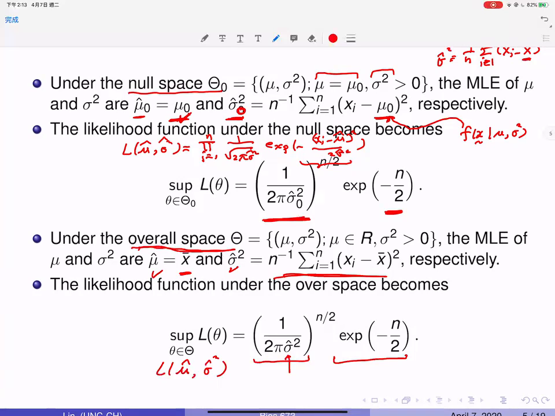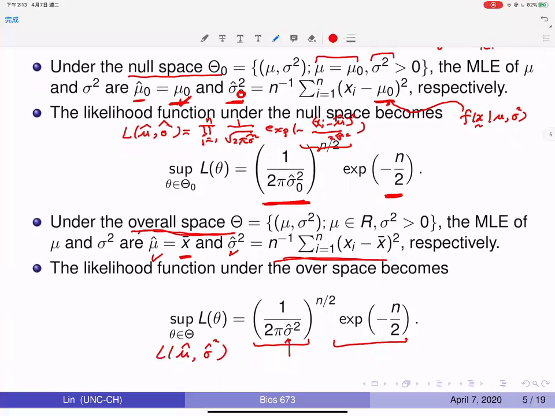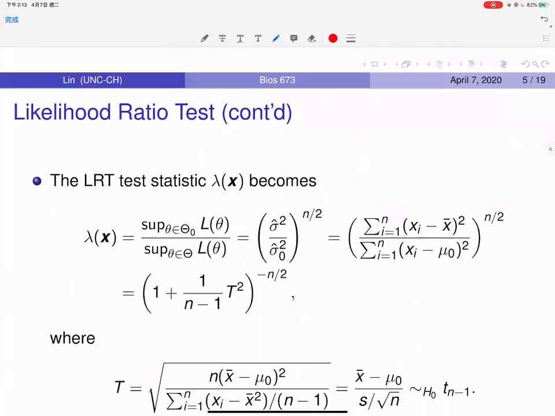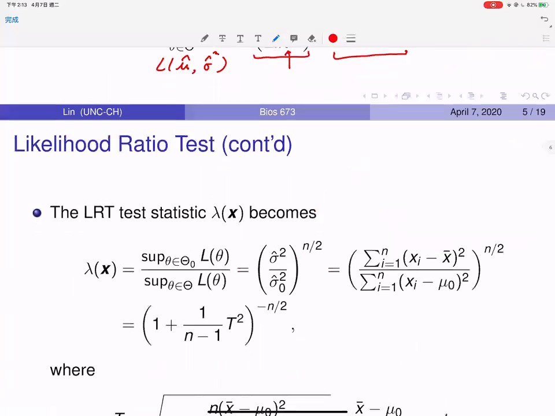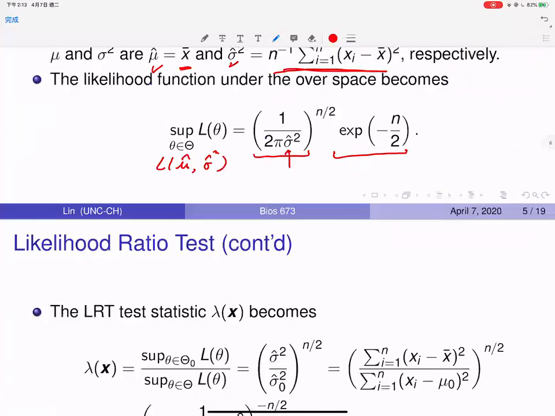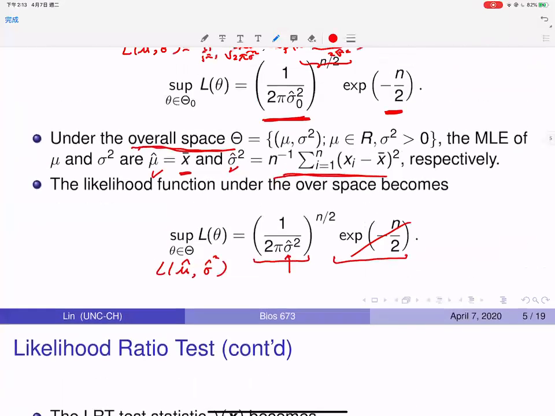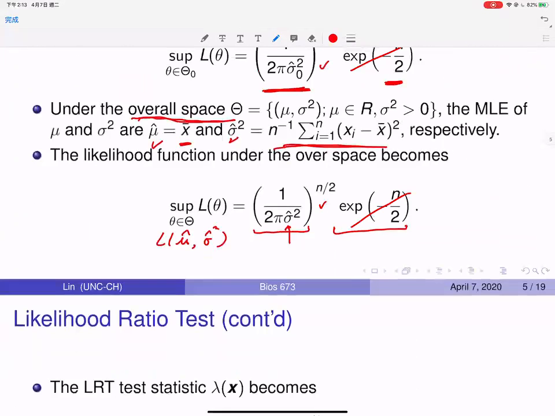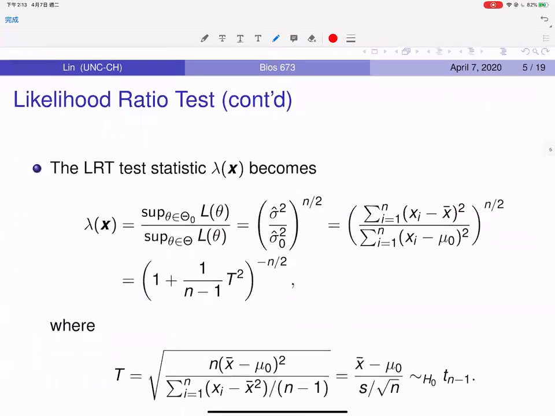Whenever you have that, you take a ratio right here. And it's not hard to imagine, right? You do have this guy and this guy cancel out when you take the ratio, and then it becomes the ratio of this guy and this guy. And so it's not hard to imagine you have this result right here. Okay? Good.